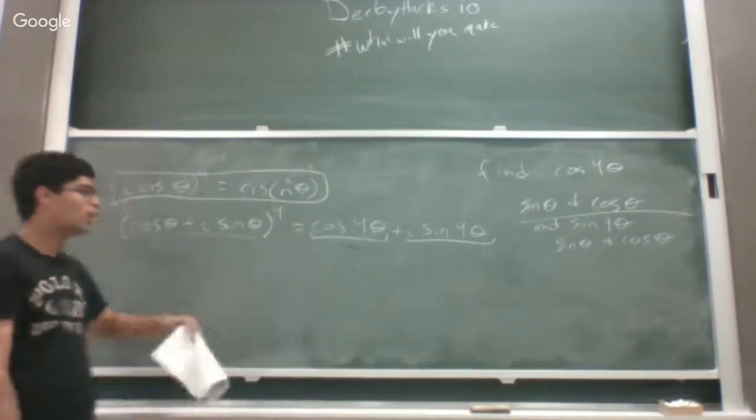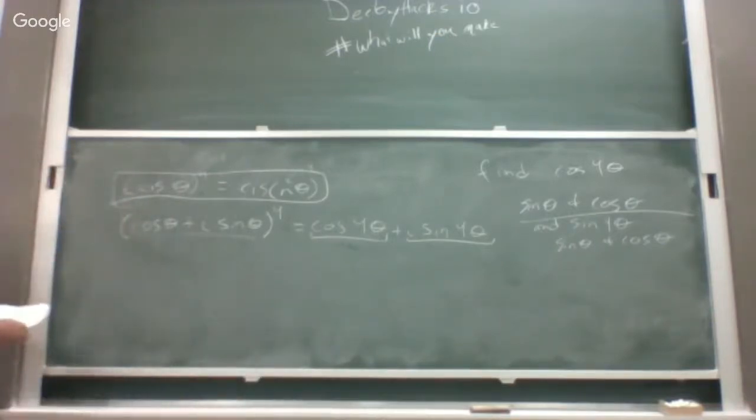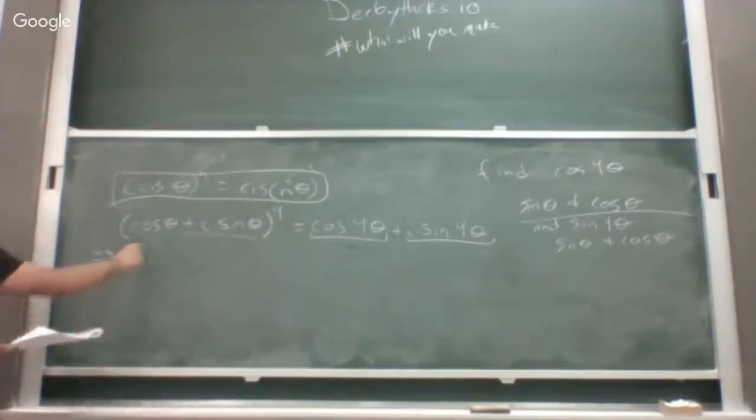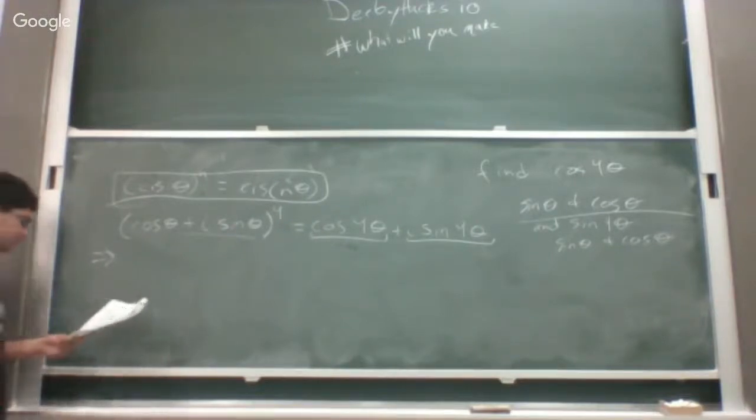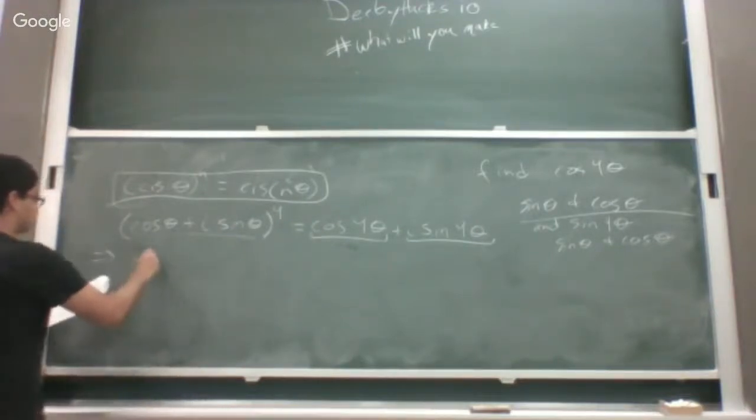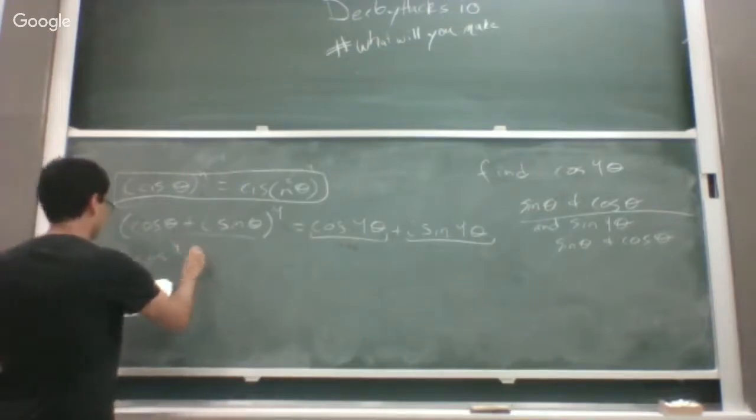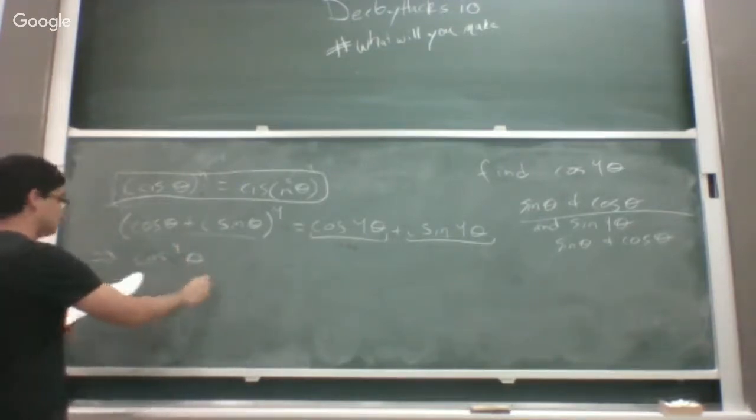Because then the problem is really simple. Well, it's not simple, but it's doable. Then you expand this out, because it's to the fourth power. You can use Pascal's triangle. So that states that the first term will be cosine to the fourth power theta.